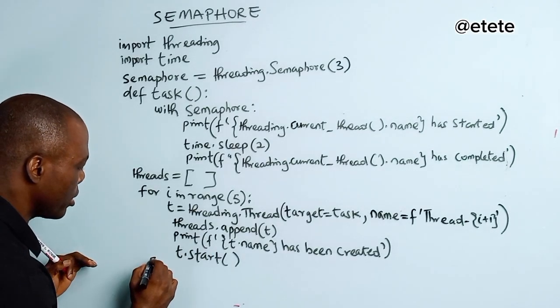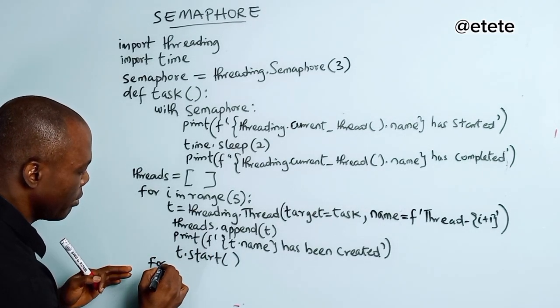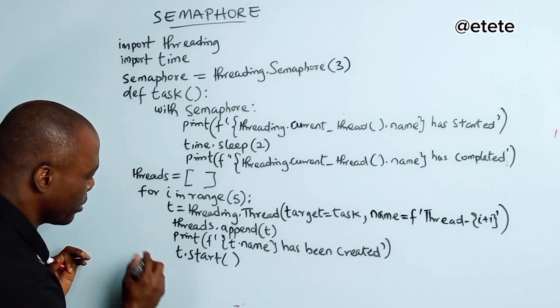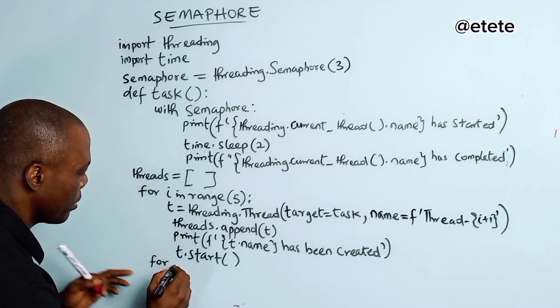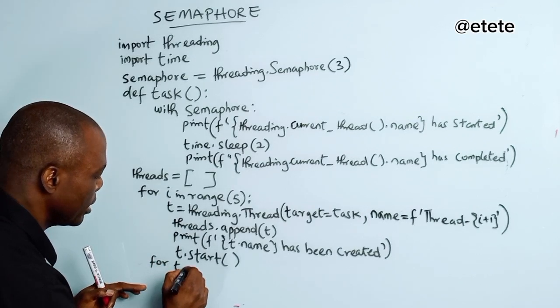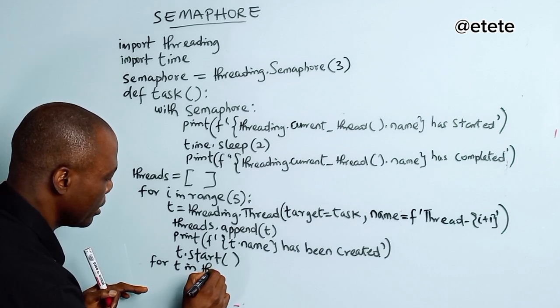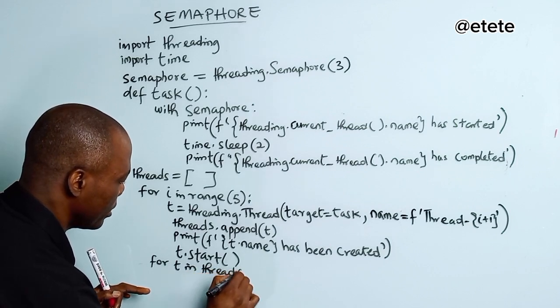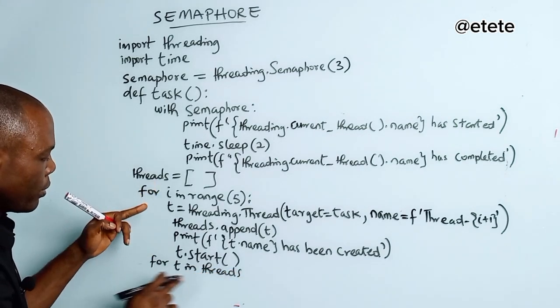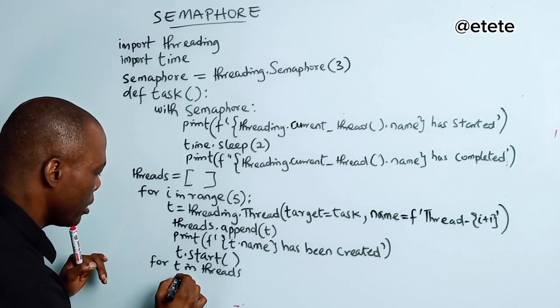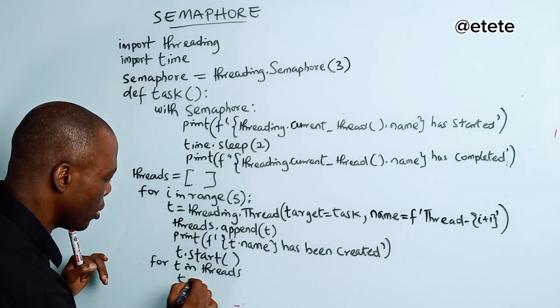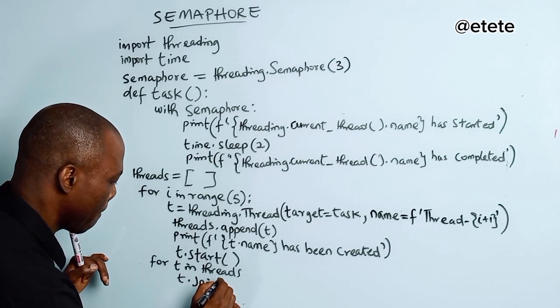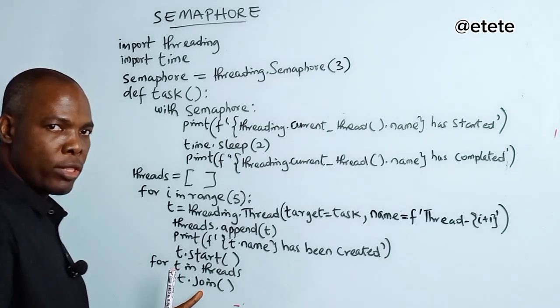I will have to create another for loop again. I will create for t in threads, which is what? For t in this threads, do t dot join. We are calling the join method.